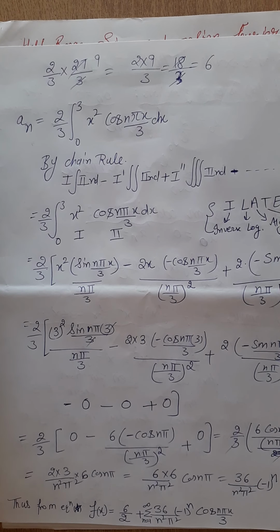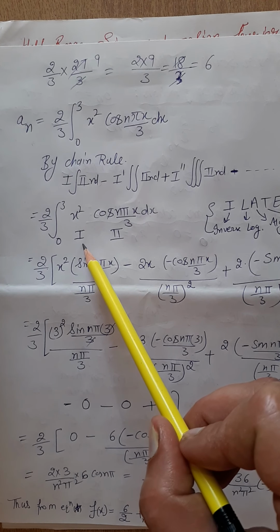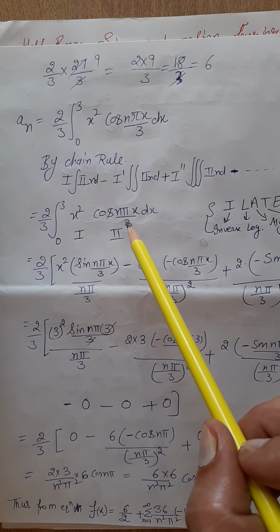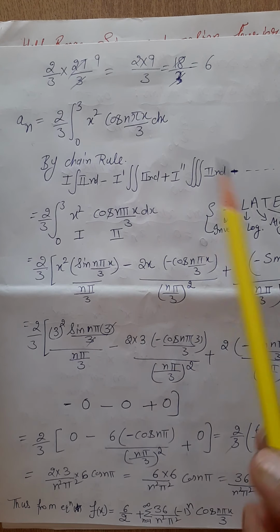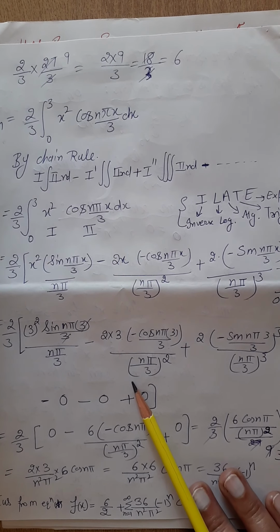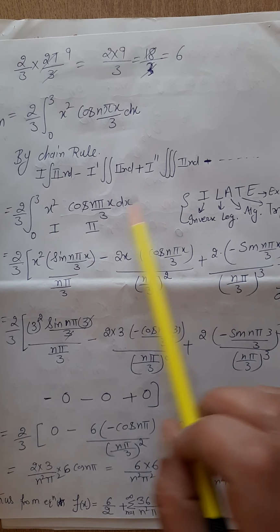Now we apply our chain rule as we did in our previous example. So we take x square as our first function and cos(n pi x upon 3) as our second function by the formula of ILATE. So we apply the chain rule now.